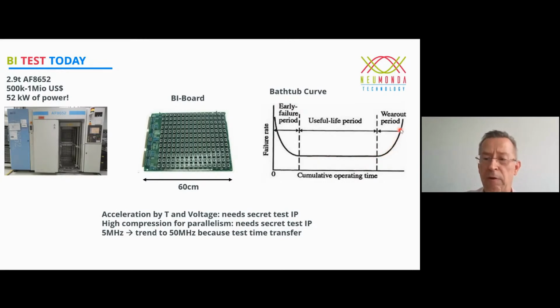Then you get wear-out. Then your technology is wearing out. The silicon oxide of the transistors is damaged by the constant bombardment of electrons, and then the fail rate goes up. So the purpose of burn-in is to simulate the first 3 months of lifetime to find any weaknesses in your circuitry.